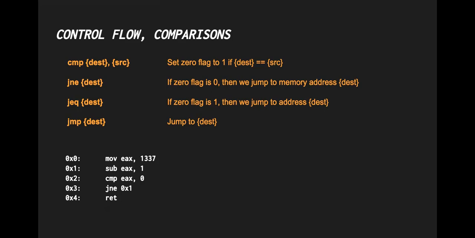In the first iteration, we start off with 1337, and then we subtract 1 right here in line 0x1. And then we compare: is EAX equal to 0, right? And then the next line says, if it's not equal to 0, then we jump back to address 0x1 right here. And you keep doing that until it hits 0, and then you return.